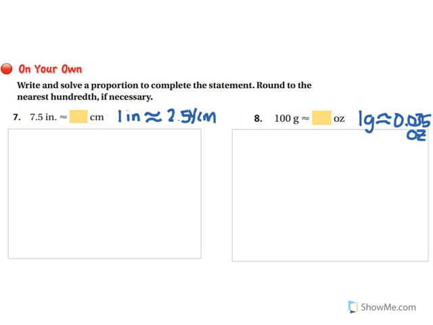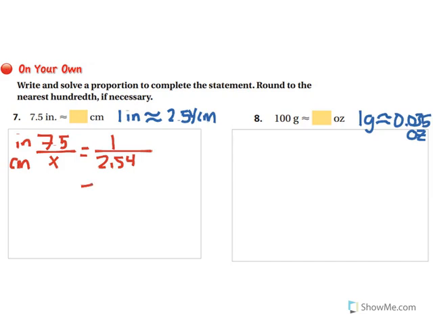Okay, let's give this a try, see how you guys did. So, I'm going to have inches over centimeters. Now, if you did centimeters over inches, it doesn't make a difference. It still works just fine. I'm going to just go from left to right. So I know I have 7.5 over my unknown amount. I know that 1 inch is equal to 2.54.